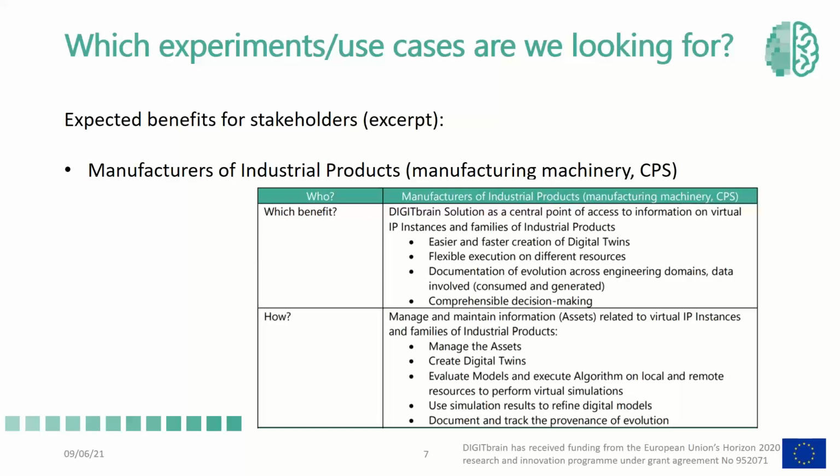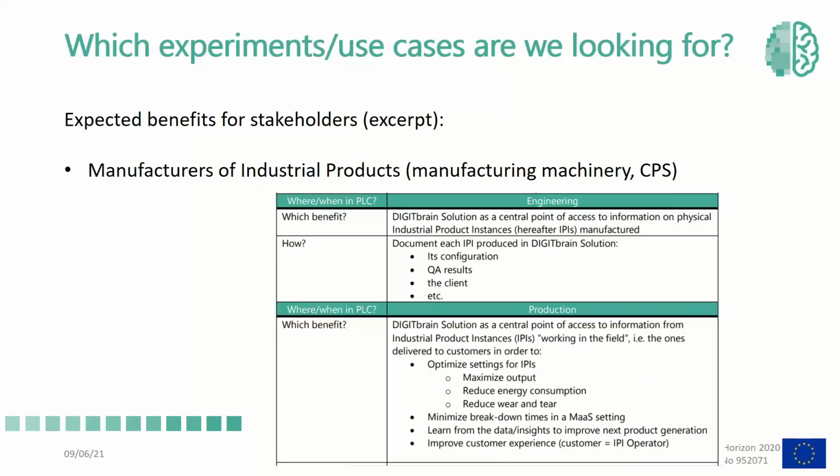For instance, by the management of assets, knowing what is on the shop floor, knowing which data, which model you have, you can more easily create digital twins by knowing about the assets, by combining them in a building block fashion, in a plug and play fashion. That's what we want to see in the experiments, striving for this kind of reuse of those components that they provide.